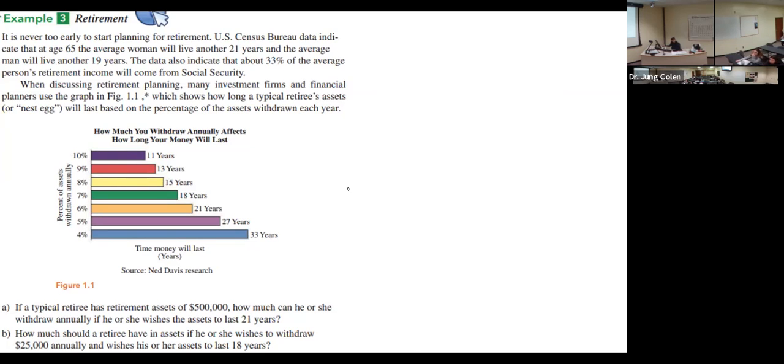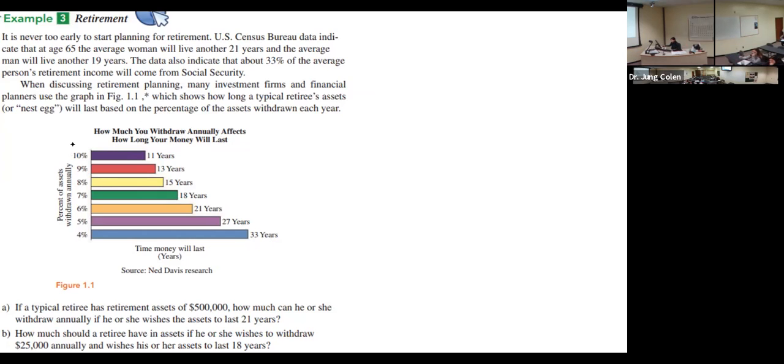To interpret the graph, you need to understand what's going on here. So I will read the title first. Title says, how much you withdraw annually affects how long your money will last. So we understand how much you are withdrawing annually affects how long your money will last, right?